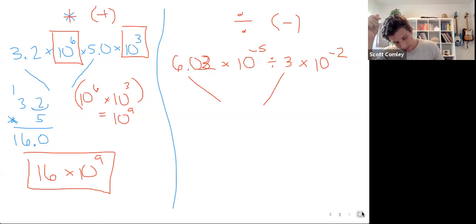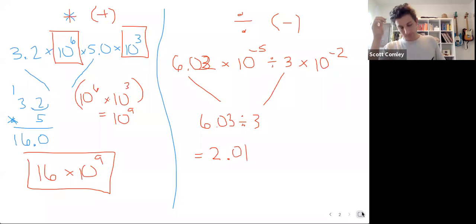Bring these down. I changed it to 6.03. You'll see why, because what's 6 divided by 3? Well, that's 2. And then what's 0.03 divided by 3? Well, that's just 0.01. So that becomes 2.01.